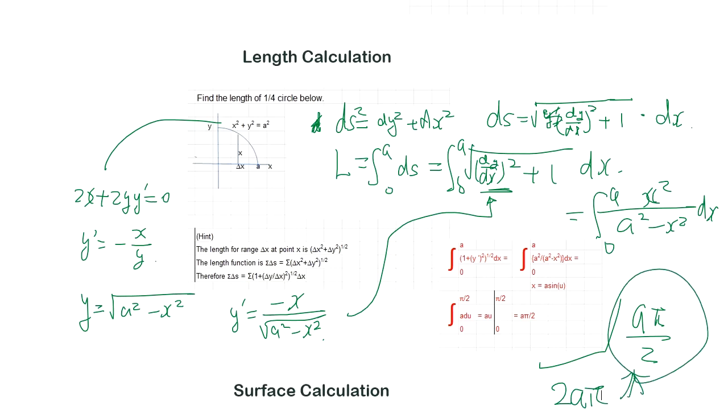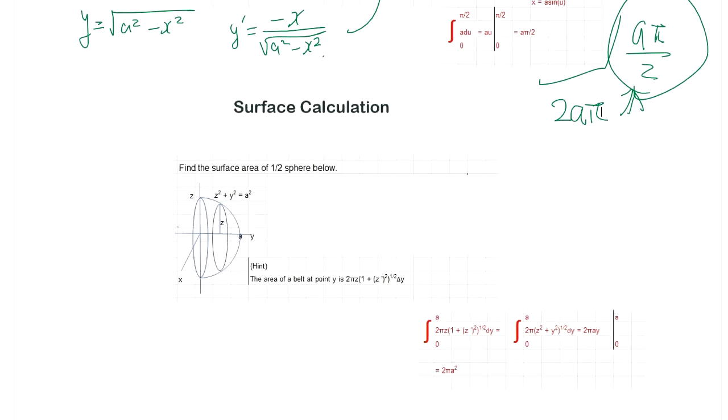Got it? Okay. Surface calculation. What is the surface of the sphere? Again, we take dy here, but instead of a disk, since it's not volume but a surface, we take this area. This area is 2 pi z, the circumference, times dy, which is the ds.